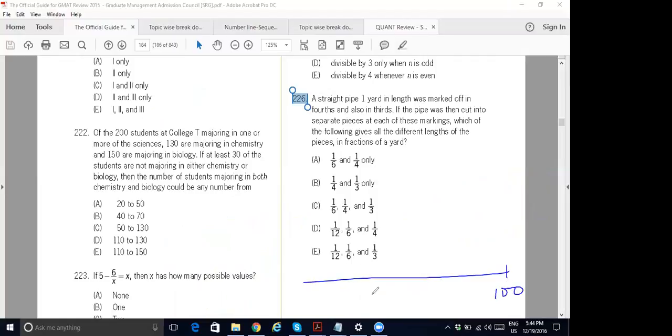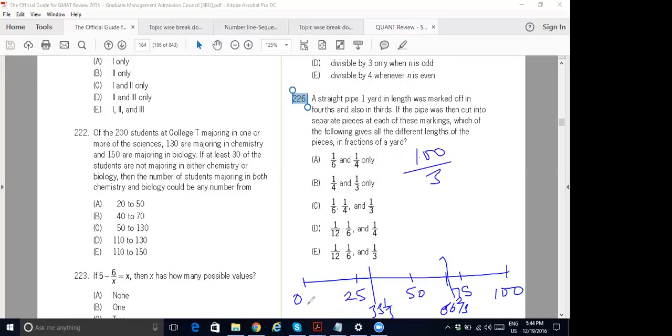So what does 1/4 mean? 25%. 1/4 is 25, 2/4 is 50, and 3/4 is 75. 1/3 is 33, 2/3 is 66. You've done the difference. You basically take 100 by 3.